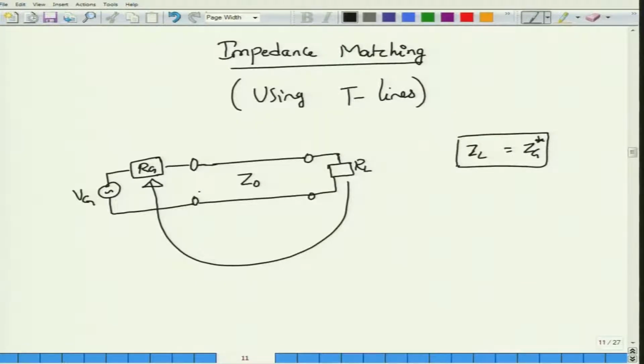Because there is a transmission line with a characteristic impedance of Z0, or in the lossless case this simply becomes equal to R0, and there is a certain length L, the impedance seen looking into this point will be complex in general. This impedance seen looking at the input terminals of the transmission line will not be equal to Rg. So, therefore, there is no maximum power transfer that would take place in this condition.